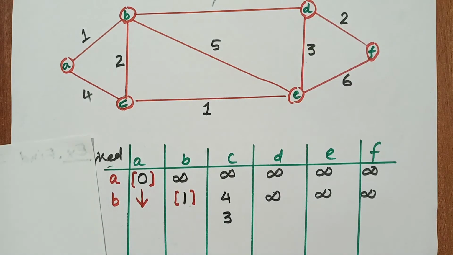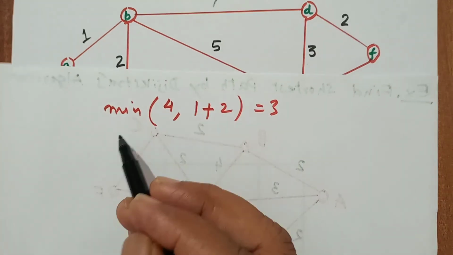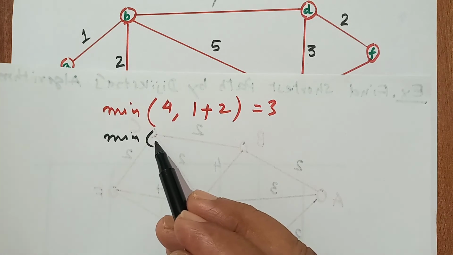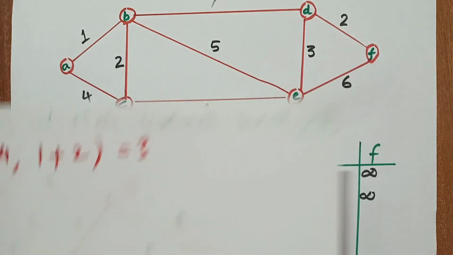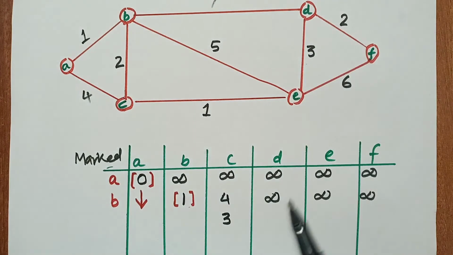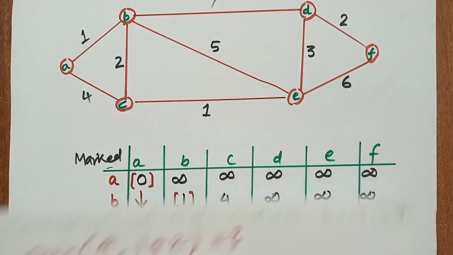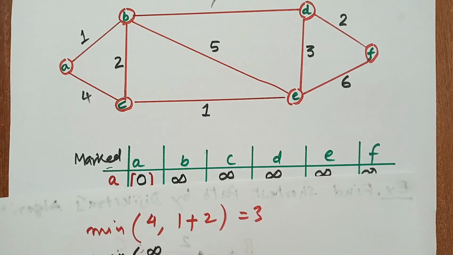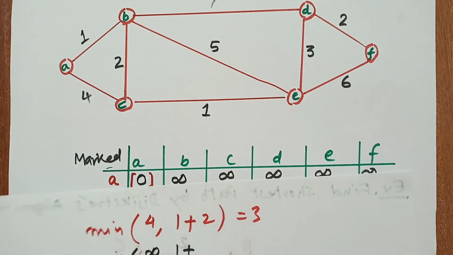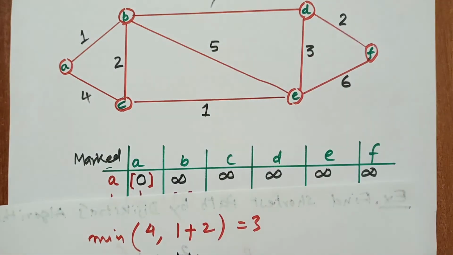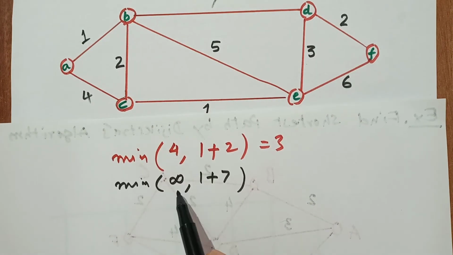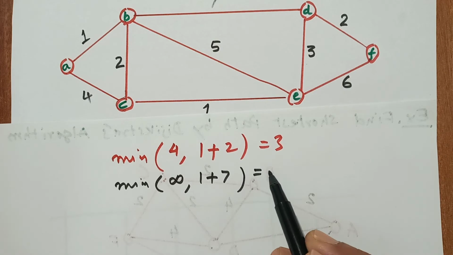Now B to D. Same formula: minimum of the old value of D, which is infinite, and the marked value 1 plus the weight. Weight is 7, so 7 plus 1 is 8. So minimum of infinite and 8 is 8.